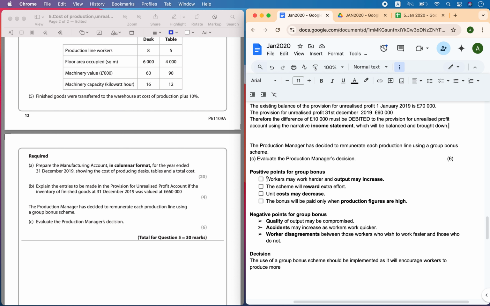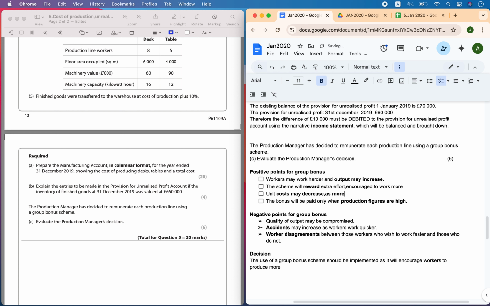So the positive points of giving a bonus in any business is, you will see an increased output. It will be seen as a reward for that extra effort, and they will be encouraged, so they might be encouraged to work more. Then your unit cost will decrease. Why the unit cost?